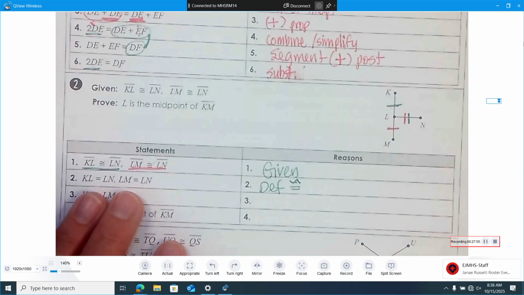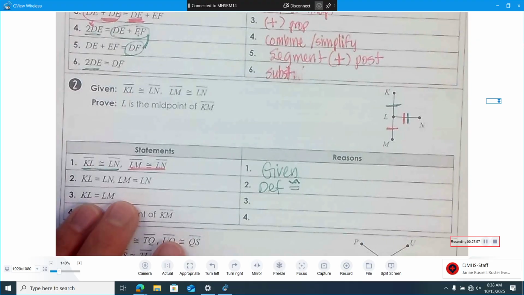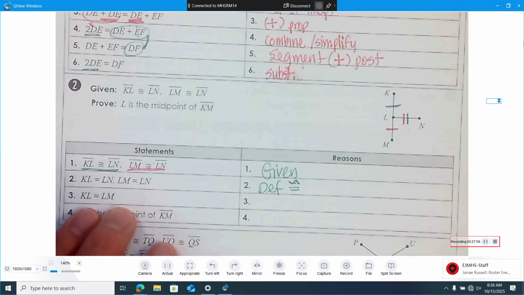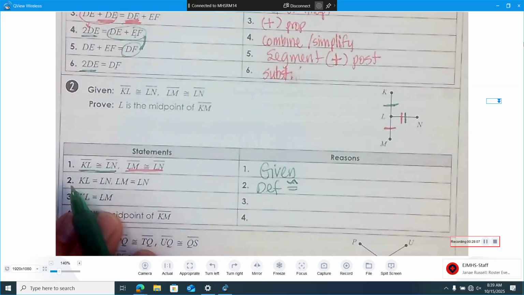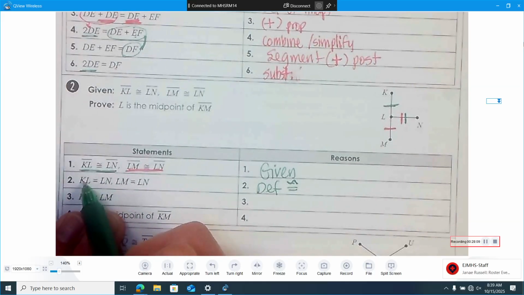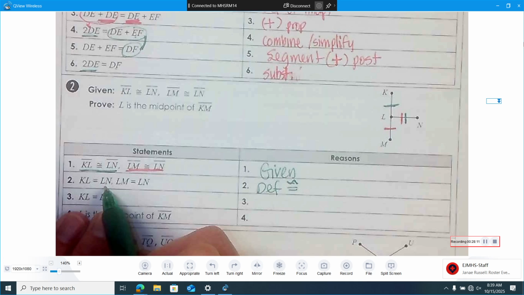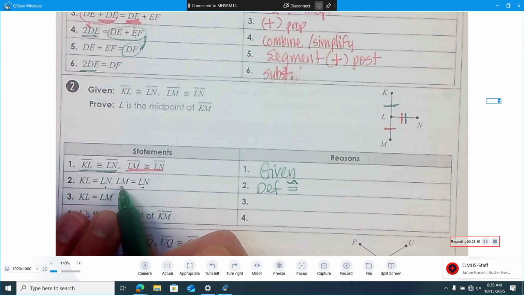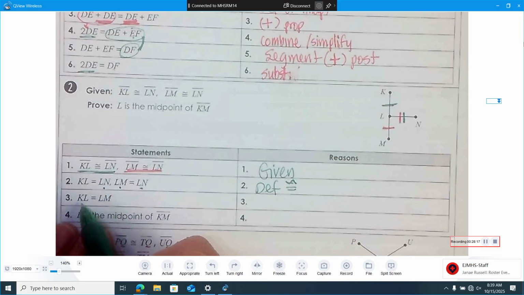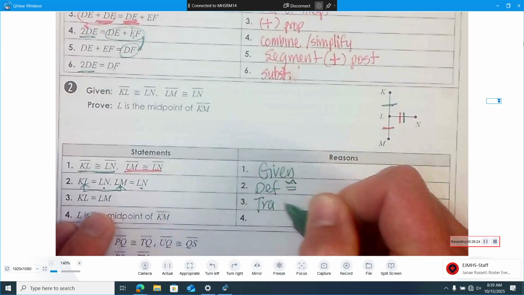Okay? All right, let's see. Interesting. When I look at this big long chain here, KL is equal to LN, and LN is equal to LM. Very good. How come I went from KL right to LM? That is absolutely the transitive property.